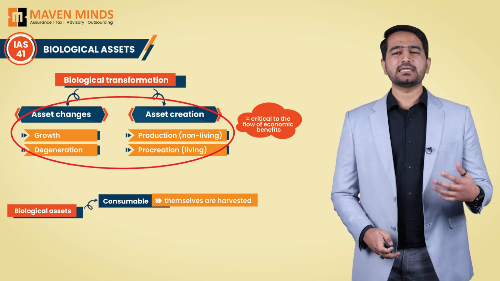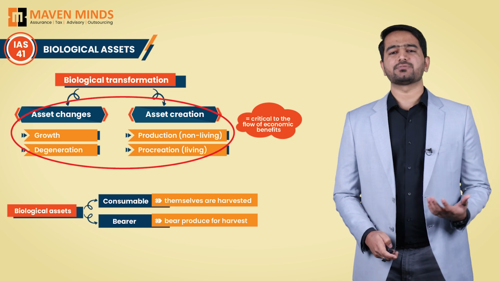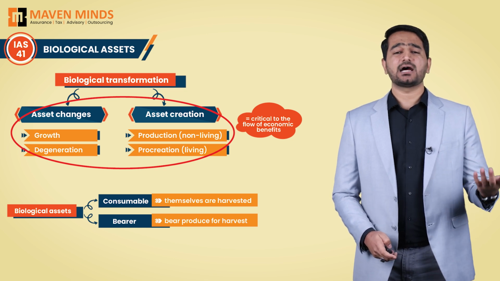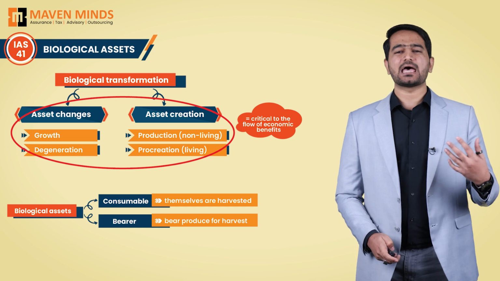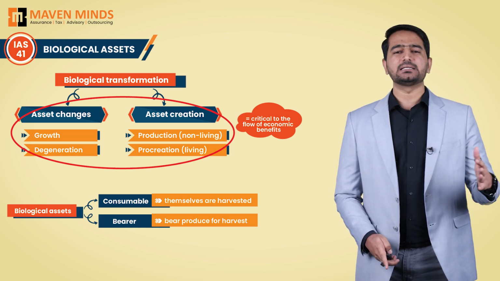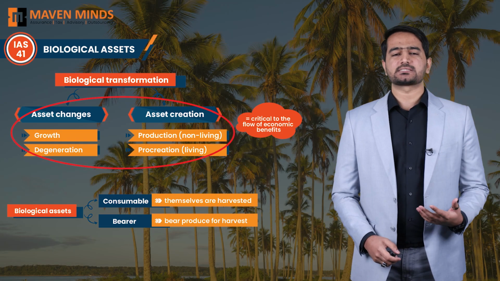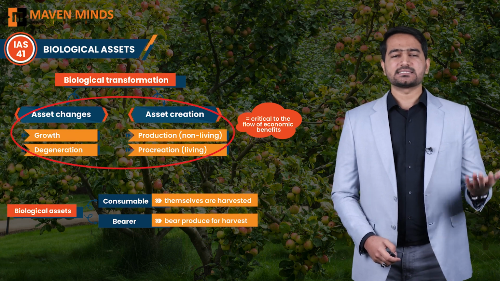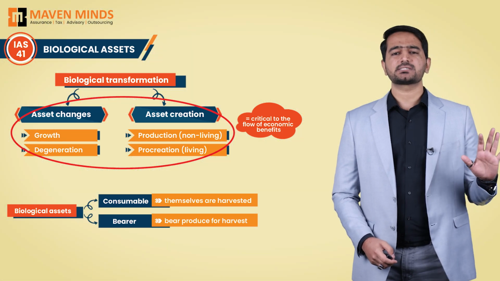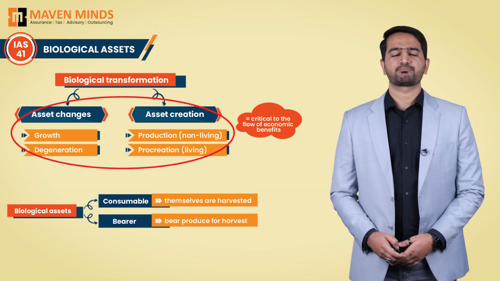And the second category is bearer, and these assets bear produce for harvest. These assets are not consumed themselves but are used to produce agriculture goods over multiple periods. A great example would be coconut trees, apple trees, or grapevines. They stay in the ground for years, producing fruits season after season.